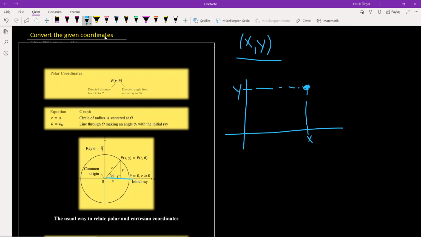So we could use the distance of the point from the origin, which is called the radius, and the amount we needed to rotate from the positive x-axis, it is very important, from the positive x-axis, as the coordinates of the point. So this is all shown by this graph.